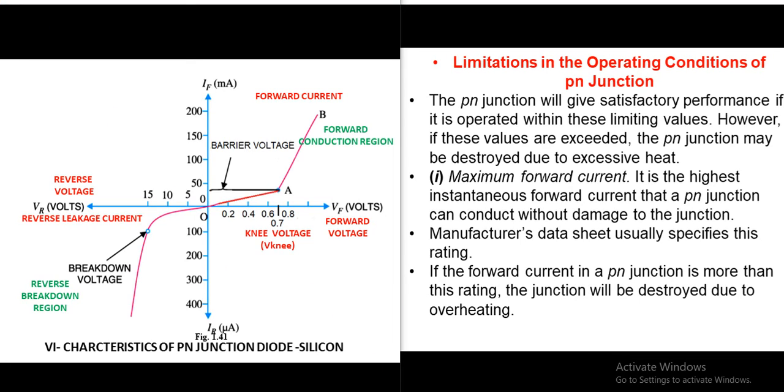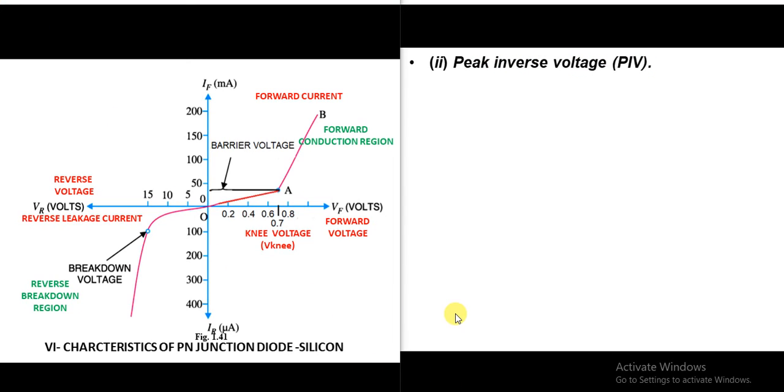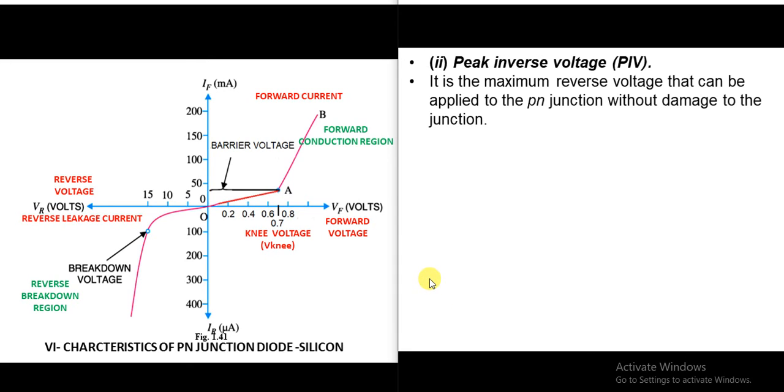Next point is the peak inverse voltage. It is the maximum reverse voltage that can be applied to the PN junction without damaging the junction. We can say peak inverse voltage or peak reverse voltage, but it is easier to remember peak inverse voltage, that is, the abbreviation PIV.